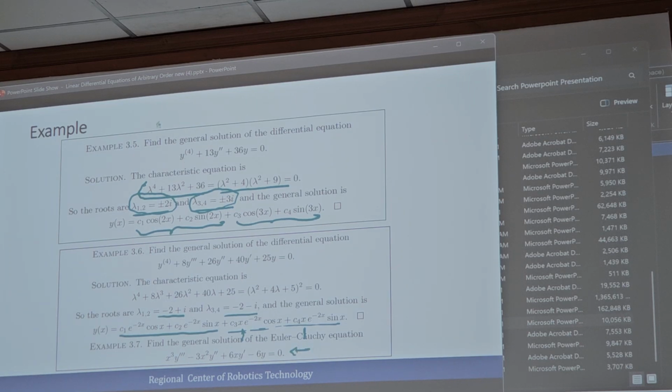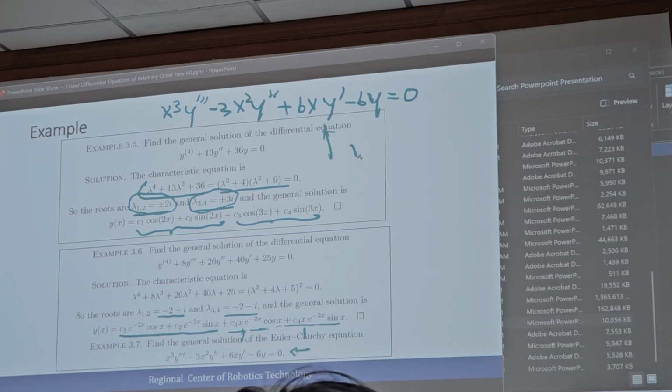If Cauchy, this one x cubed y third, do the same, minus 3x squared, give this one 6x prime, right? If you want to solve this Cauchy one, y equal to x to the m, right?